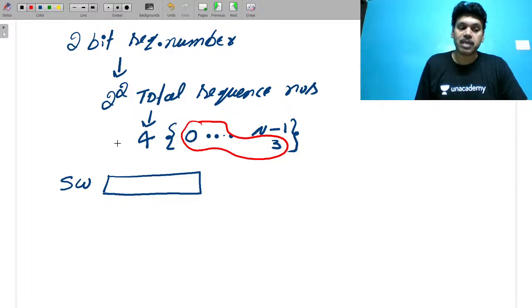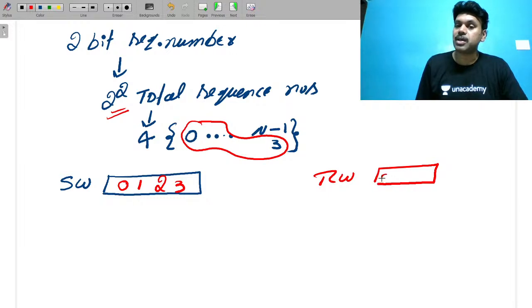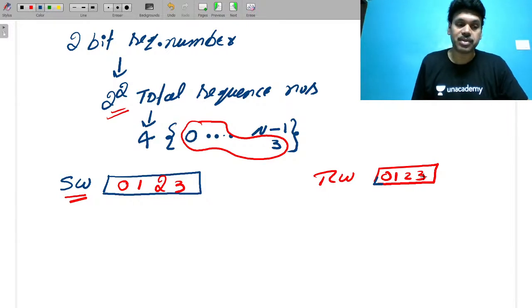Right now I can transmit 3 frames at a time because we are following a 2-bit sequence number: 0, 1, 2 and 3. The receiver also maintains a 2-bit sequence number: 0, 1, 2, 3. The sender maintains SW and the receiver maintains RW. The sender window consists of the frame sequence numbers, and the receiver window also consists of frame sequence numbers.